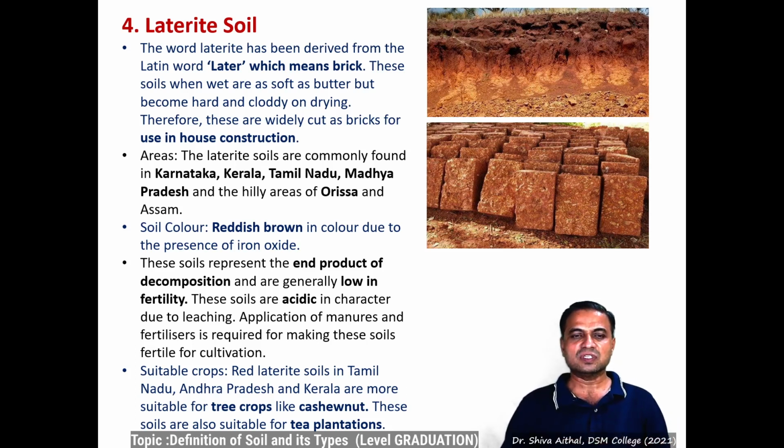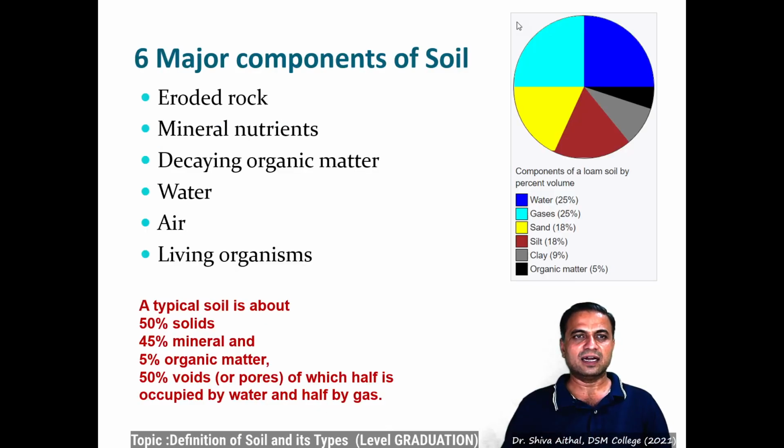These soils represent the end product of decomposition and are generally low in fertility. They are not good for cultivation, but nevertheless tree crops like cashew nut and tea plantation are usually practiced in our country. In Tamil Nadu, Andhra Pradesh, and Kerala, it is used for tree crops. Application of manures and fertilizers can make this soil fertile. So this is the laterite soil.